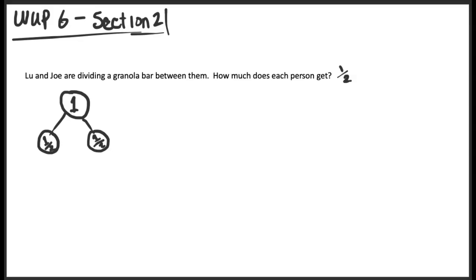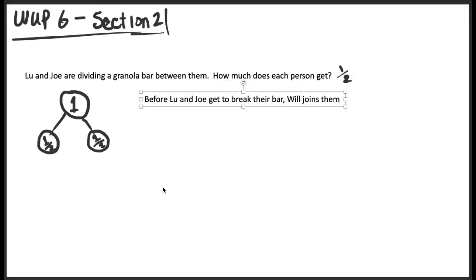the story changes. Let me get my typing back up here, and let's add this to the story. Before Lou and Joe get to break their bar, Will joins them. Now, how much would each one get?